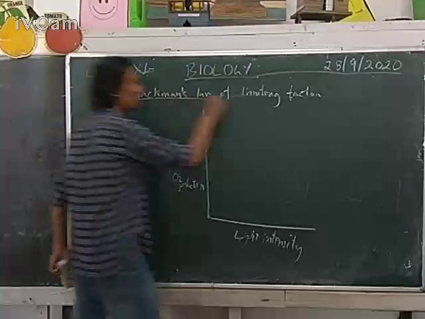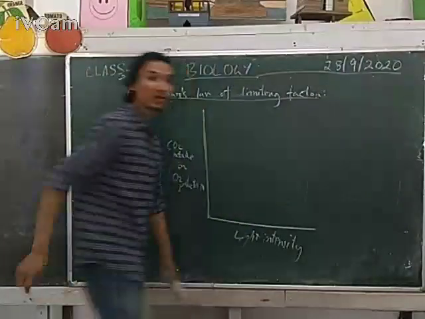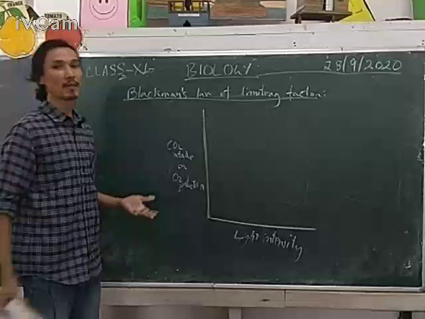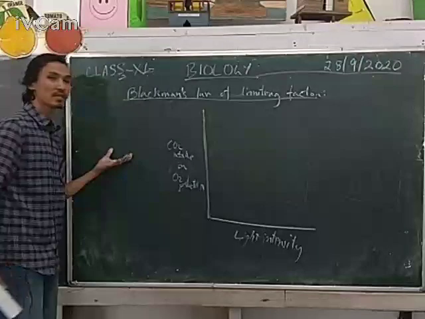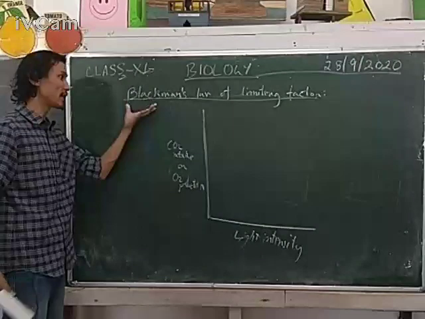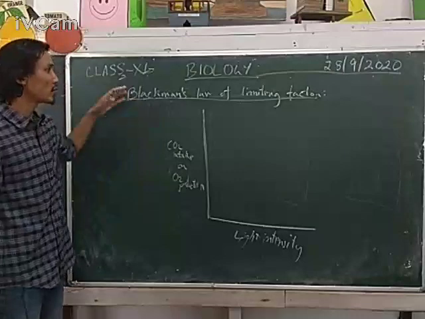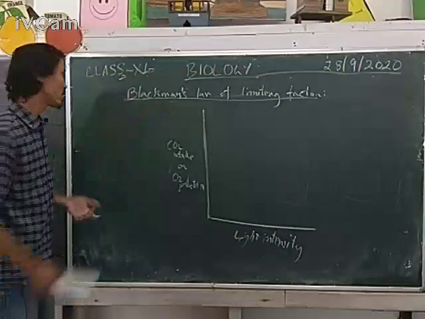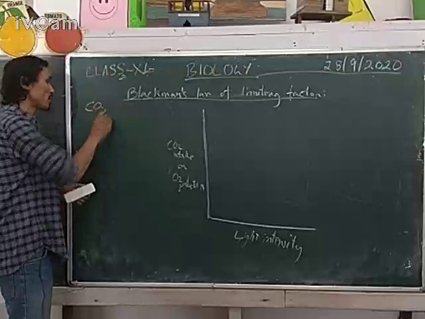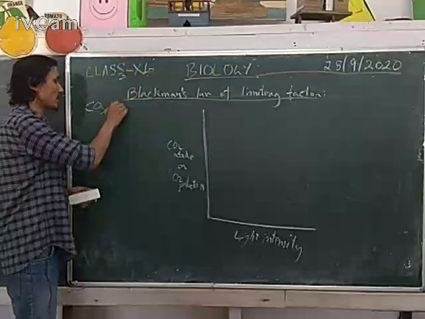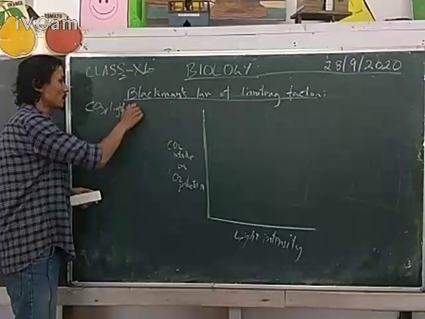So Blackman's law of limiting factors states that when a process is controlled by multiple factors, the factor which is the slowest controls the entire process. We all know that photosynthesis is controlled by various factors. Just to name a few, it is controlled by carbon dioxide, light, or temperature.